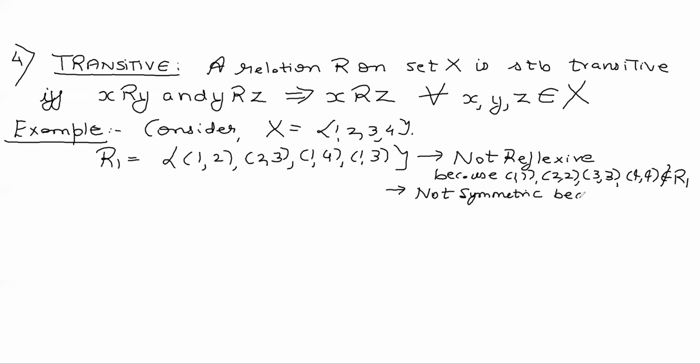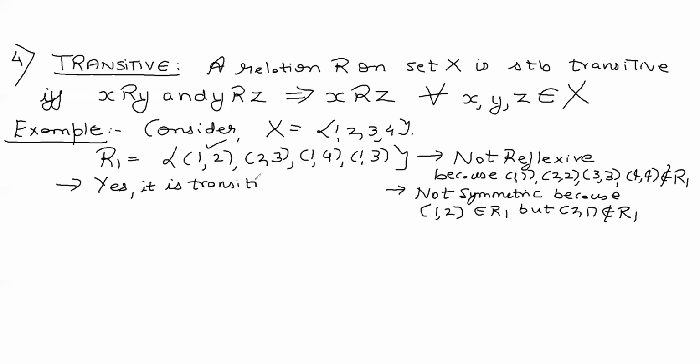Why? Because (1,2) belongs to R1, but (2,1) does not belong to R1. Is it transitive? Yes, it is transitive. Why?